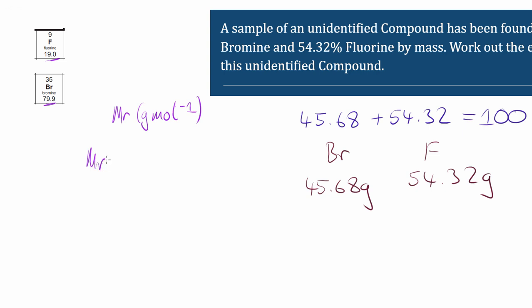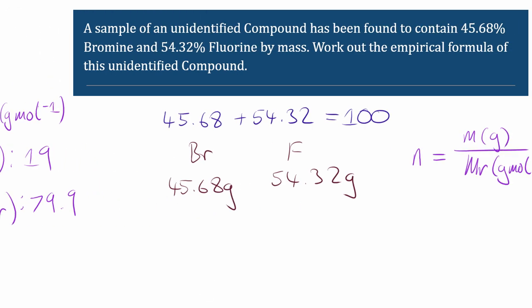The Mr of fluorine is going to be 19, so 19 grams per mole. And the Mr of bromine, Br, is going to be 79.9, and of course this is in grams per mole.